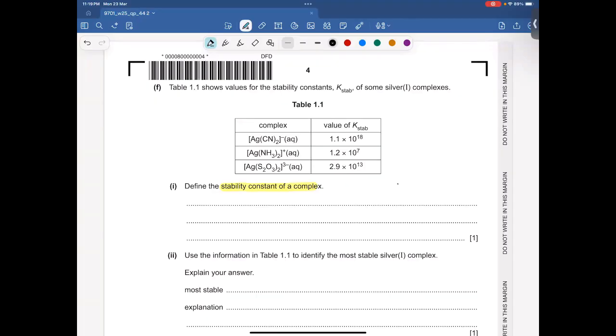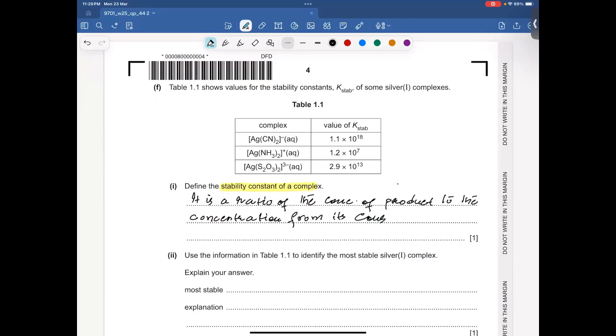Stability constant. It is a ratio of the concentration of product to the concentration of reactant from its constituent ions using a solvent.